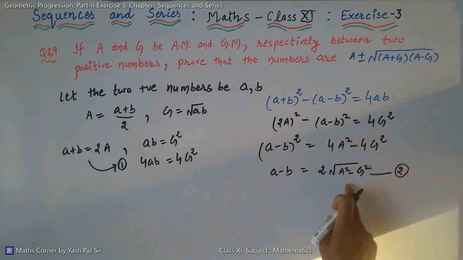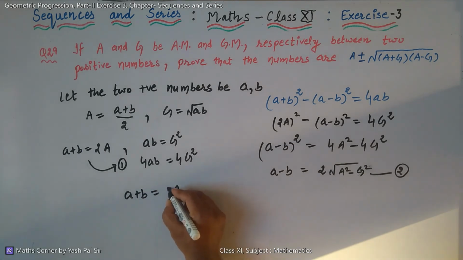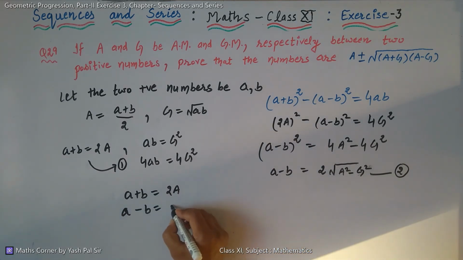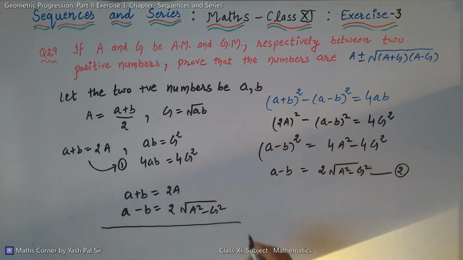Solving number 1 and number 2, so we have a plus b equal to 2a, a minus b is equal to 2 square root of a square minus g square. Adding these two numbers, 2a is equal to 2a plus 2 square root of a square minus g square.